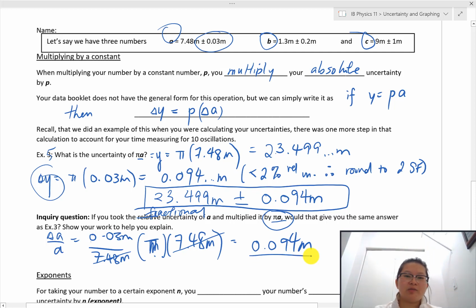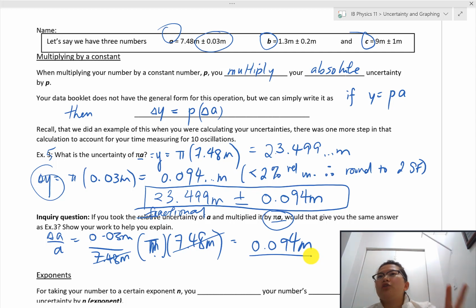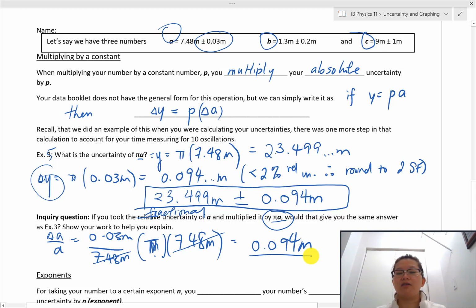Why do I make you do this? Because it shows you two ways you can grab the absolute uncertainty when you are manipulating your number with the uncertainty. Let's say you have to manipulate your number in a way that may not be as simple as multiplying by a constant. It could be anything, like taking some sort of inverse, or doing something fancy. It just shows that if you're doing these kinds of functions, the fractional uncertainty of your number doesn't change.